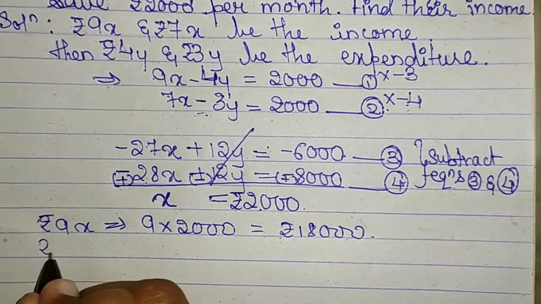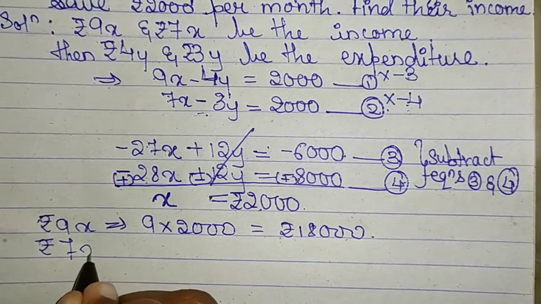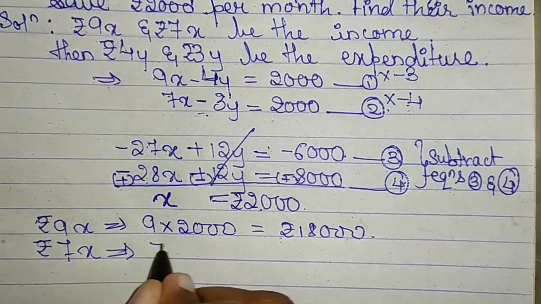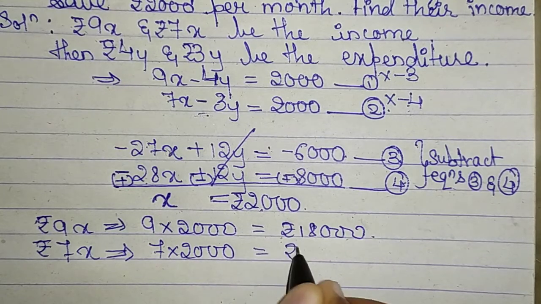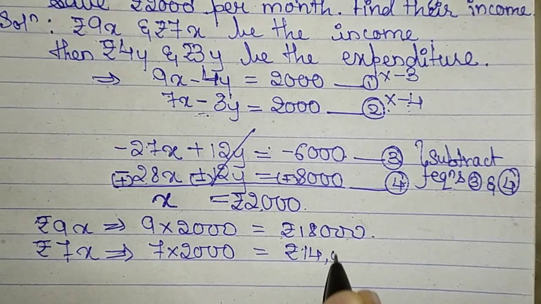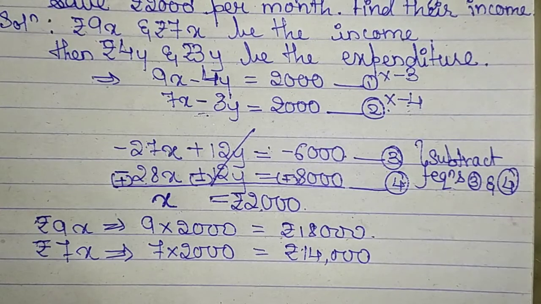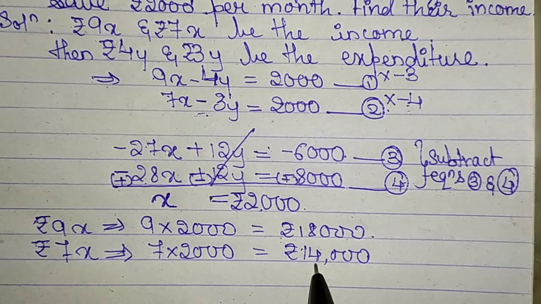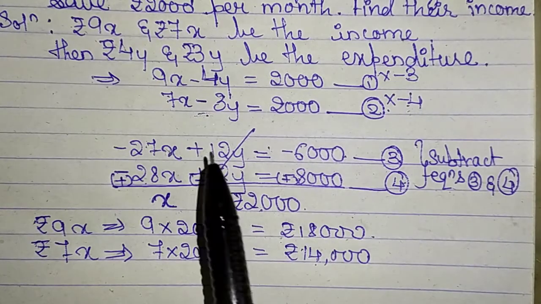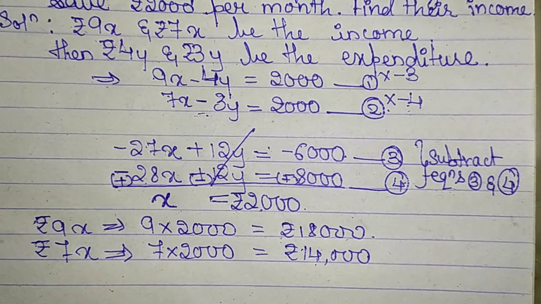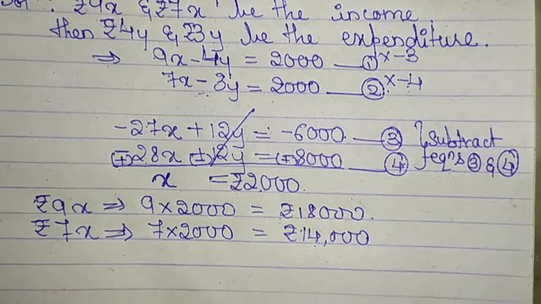Similarly, rupees 7x for the second person, his income will be 7 into 2000, which is equal to rupees 14,000. He earns 14,000 rupees and saves 2,000 rupees. That means he spends about 12,000 rupees every month.